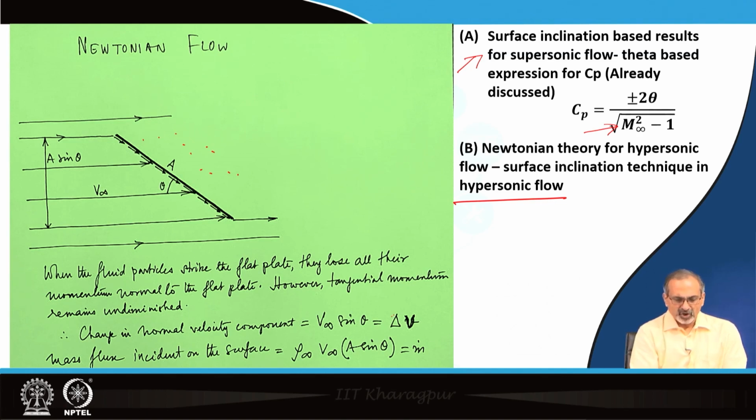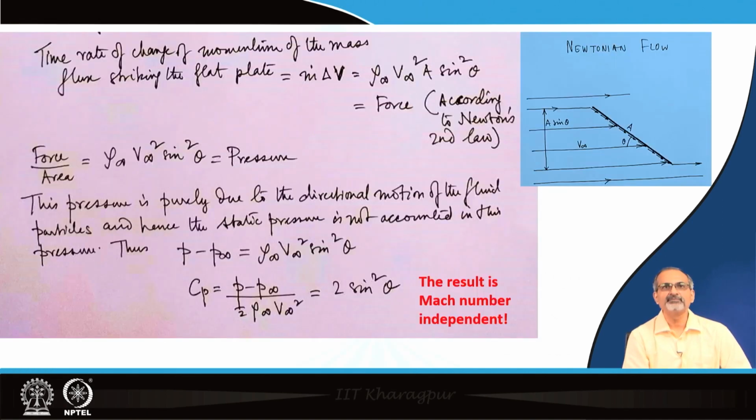So, moving on with this discussion, we say that the change in normal velocity component of the flow when it meets the surface is v infinity sin theta, that is the change in velocity delta v in the normal direction. The mass flux incident on the surface is rho infinity v infinity into the projected area, where A is the length of that plate, and let us call that m dot.